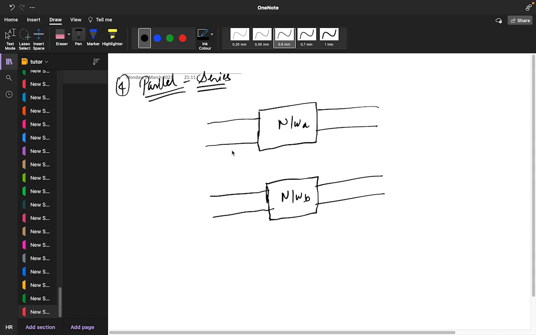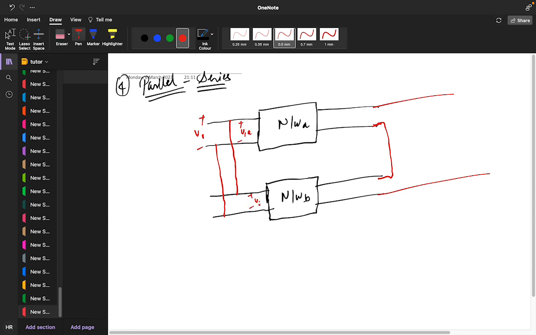See, if it is a parallel connection, parallel means you just need to put one wire from here to here, and one wire from here to here. This means it's parallel. And for series, you just need to combine this. If I am taking plus minus v1, I am assuming plus minus v1a, and this plus minus v1b.